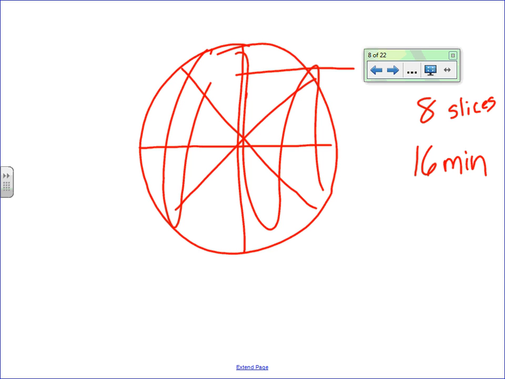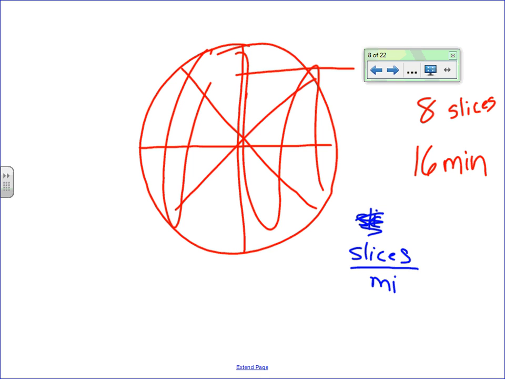So then the question is, how many slices did you eat per minute? What you're looking for with a specific unit would be slices per minute, where "per" means a division sign.